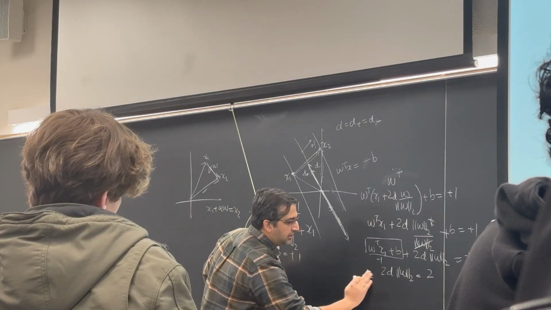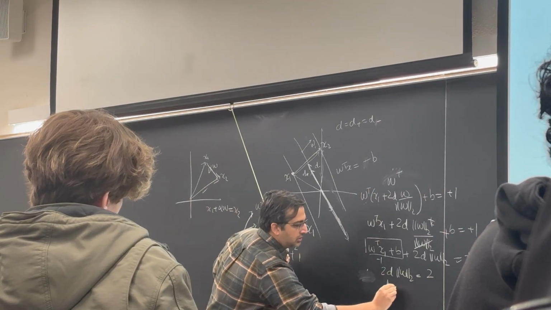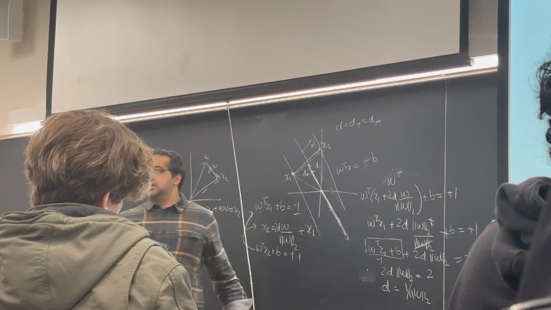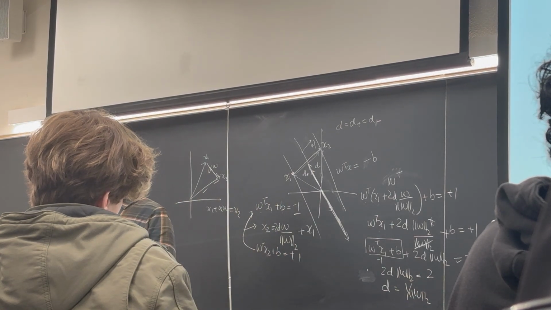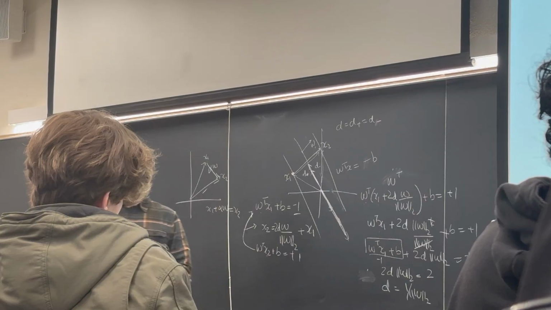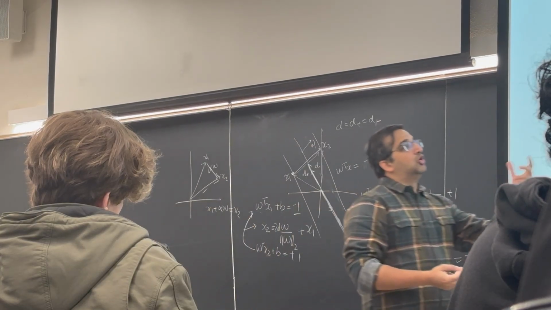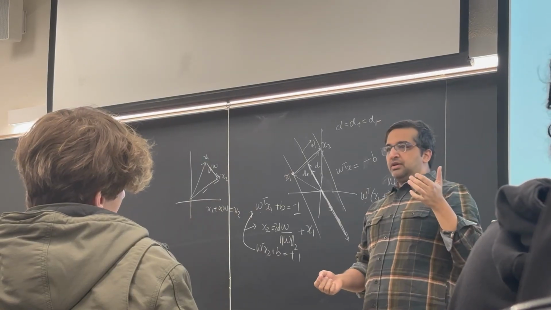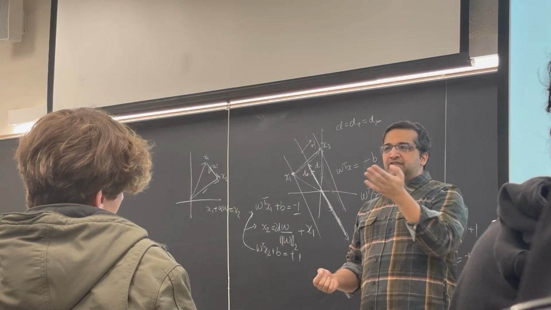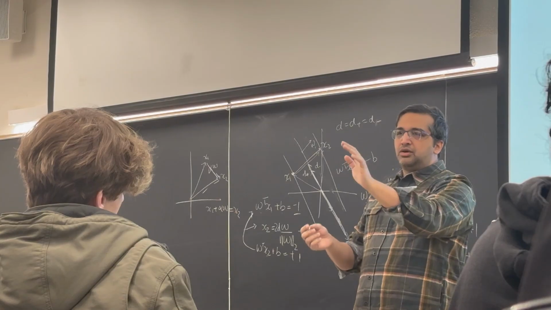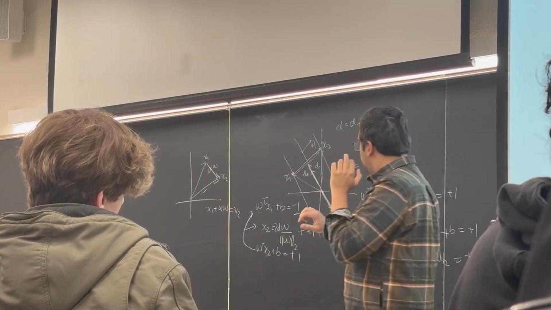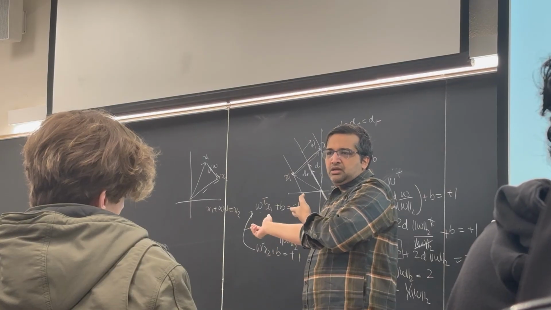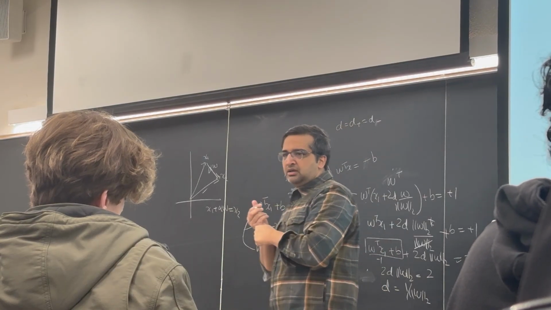Or D is equal to 1 by the norm of W. Yes? So that's why the overall margin is 2 divided by the norm of W. Right? I think that's where your intuition is going somehow. Sorry, I'm not able to fully get it. But we've derived it, and I think this is where you're essentially going to, right? So makes sense.